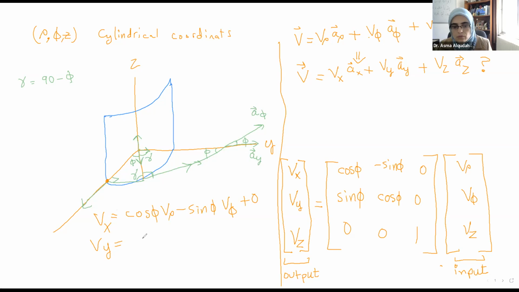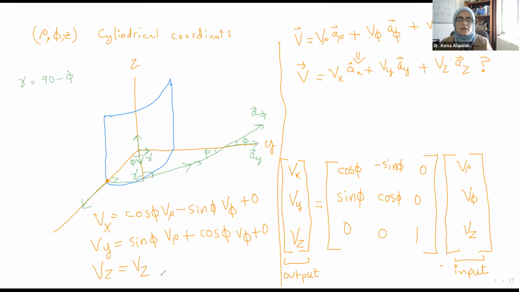V sub y is going to be equal to sine phi times v sub rho plus cosine phi v sub phi plus 0, and v sub z is going to be equal to v sub z. It remains the same.